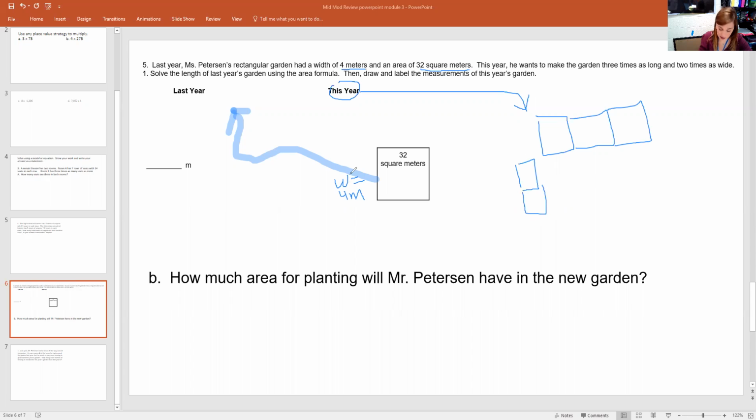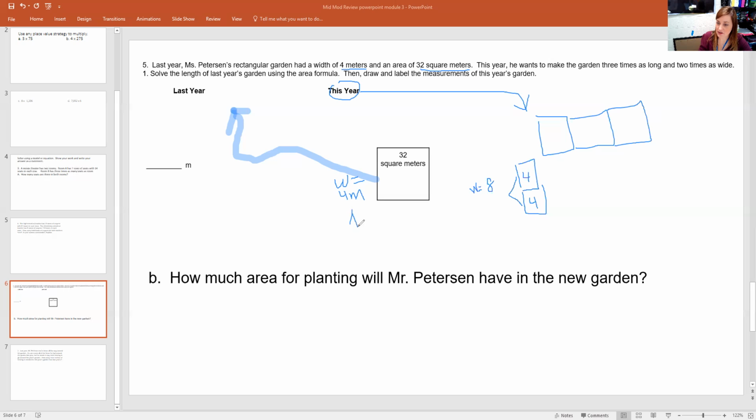Okay, so right now we know that the width is 4. So if we're saying 2 times as wide, I can already figure that out. 4 and 4. So we know the width of the new garden is going to be 8. Okay, so I need to figure out what the length of this is in order to be able to do it 3 times as long. So if I know area equals length times width, I would just think like this.